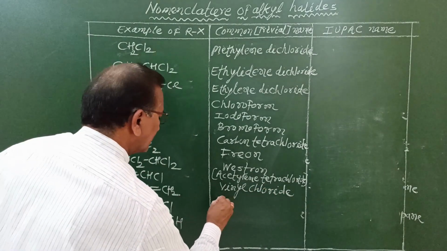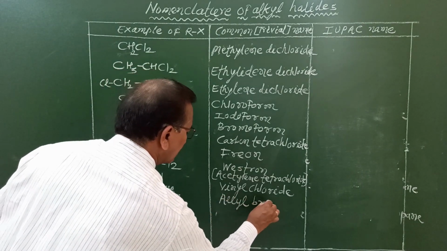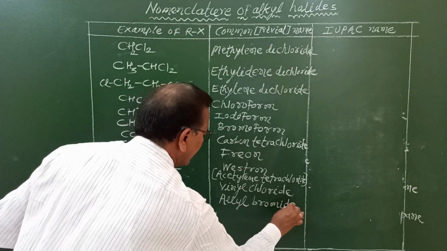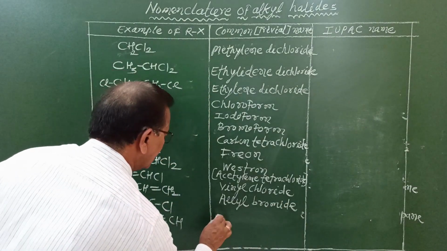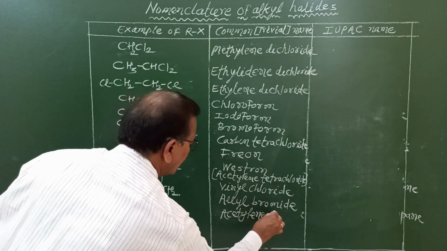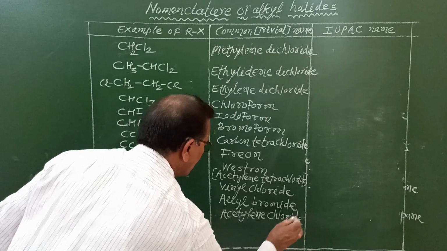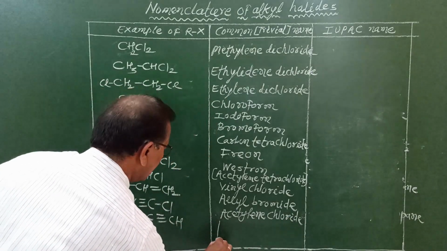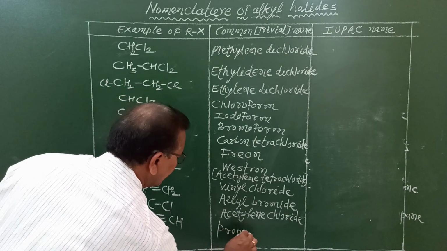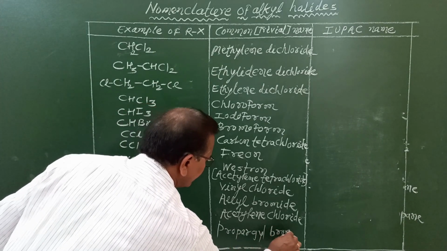Next, allyl bromide. All these are very, very important examples. Next, acetylene chloride. Next, propargyl bromide.